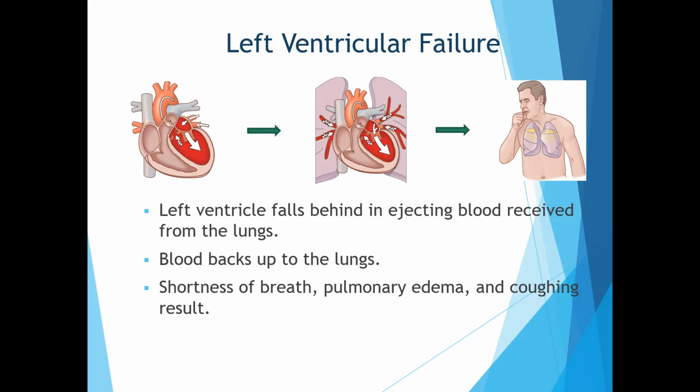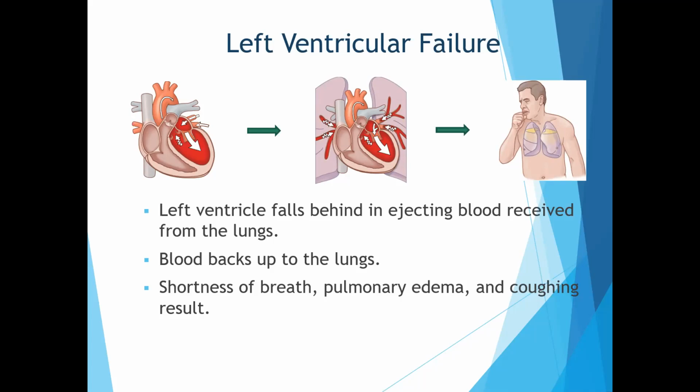The left atrium goes to the left ventricle. So if the left ventricle can't get that blood out of the way, the lungs and left atrium have nowhere to send their blood. Typically the signs and symptoms are shortness of breath, pulmonary edema, which means fluid in the lungs because the blood's backing up, and of course some coughing because you have stuff in your lungs that is not supposed to be there.